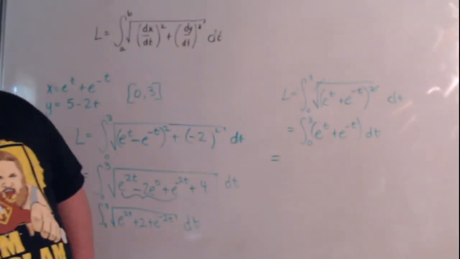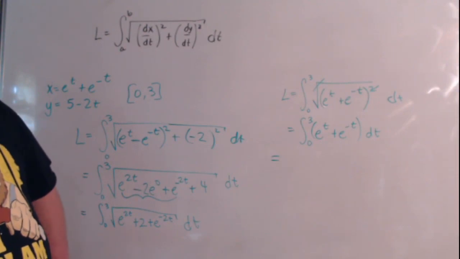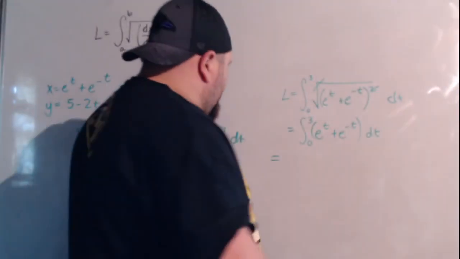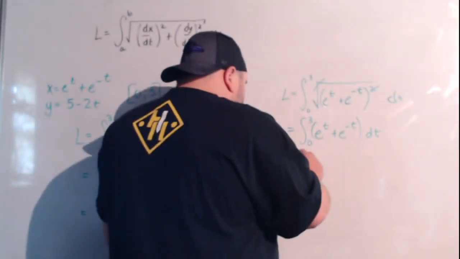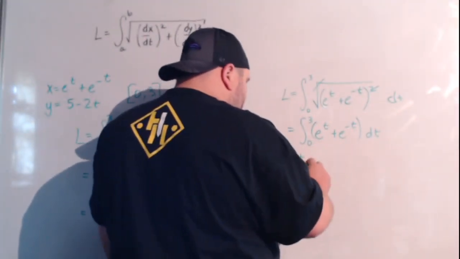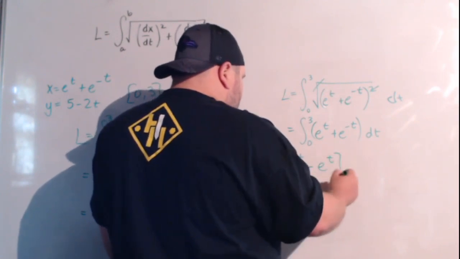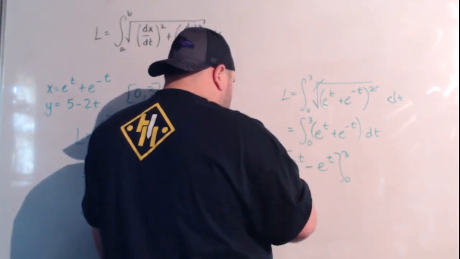Right? We all love e to the t because of how simple it is. So if I integrate e to the t, I get e to the t. And integral of e to the minus t is minus e to the minus t. And this is all evaluated from 0 to 3.